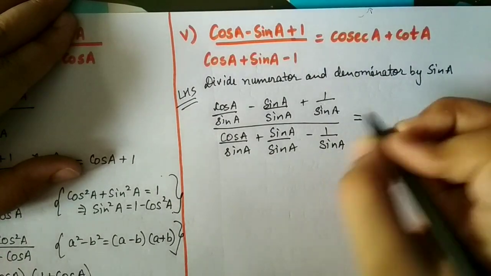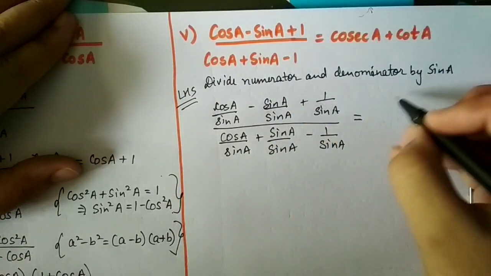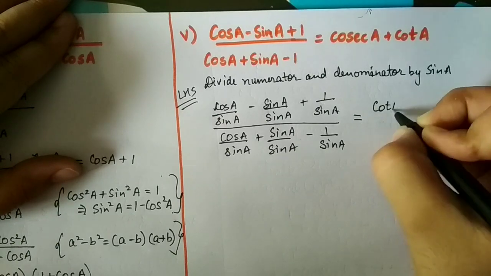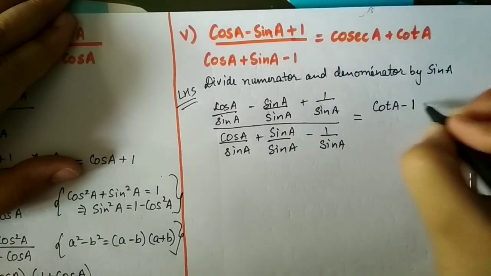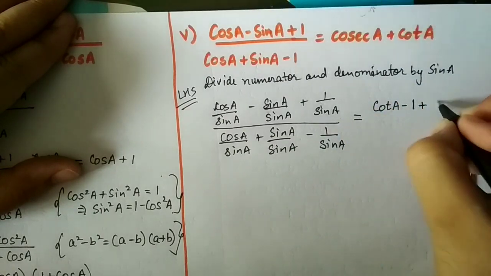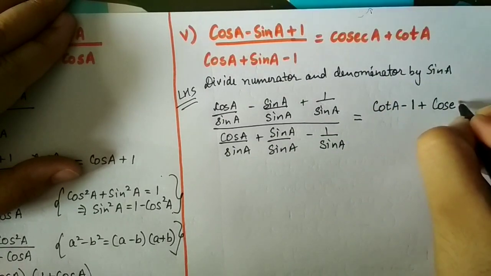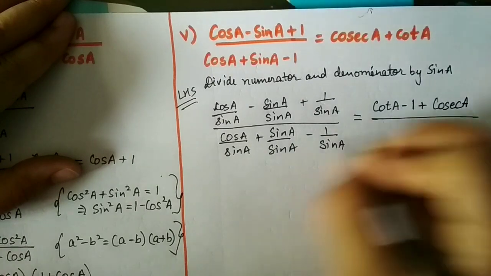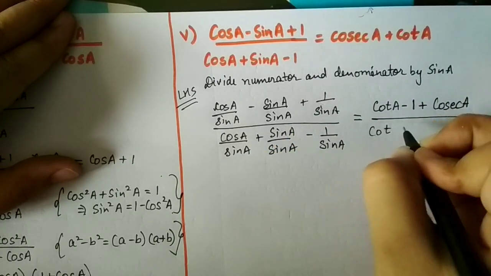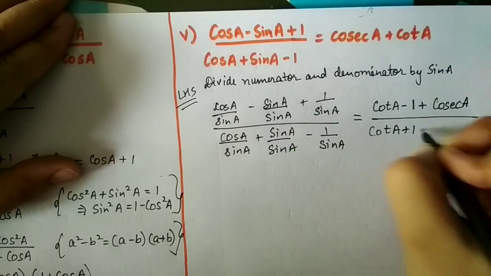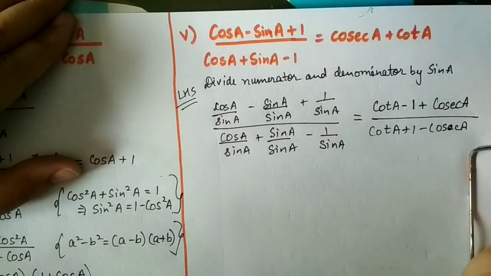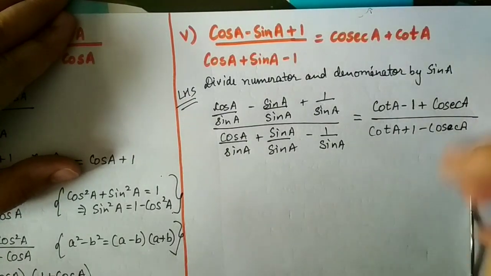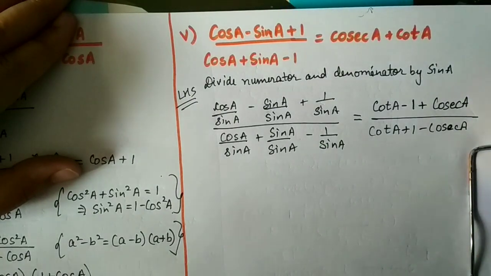Now cos upon sin a is cot. So cot a minus sin a upon sin a will become 1, minus 1 plus 1 upon sin a is cosecant a, plus cosecant a, divided by cot a plus 1 minus cosecant a. So now this is your numerator and denominator. Actually in this question we are moving in reverse order.